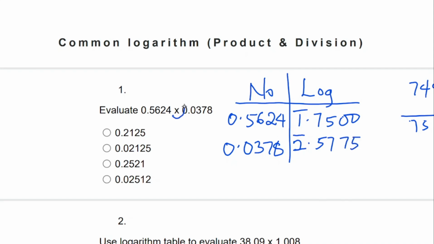Because what we have here is multiplication, we add this together: 5, 7, 12, this is going to be 13. So this is plus 1. Plus 1 minus 1 is 0. 0 plus minus 2 is equal to minus 2.